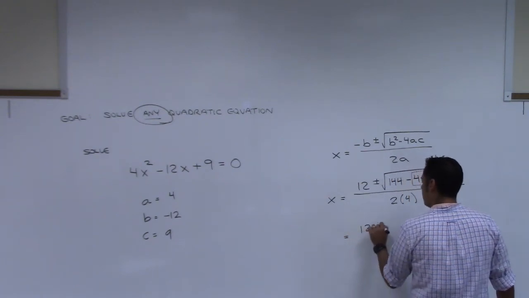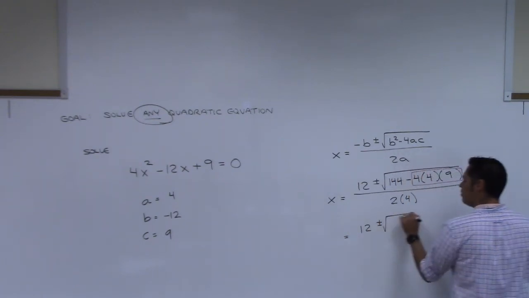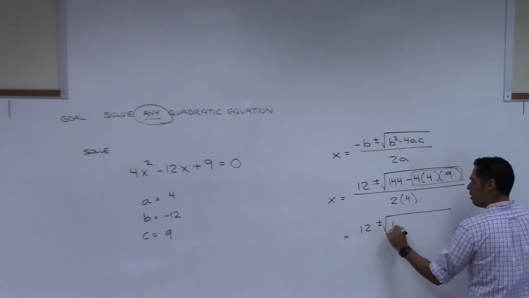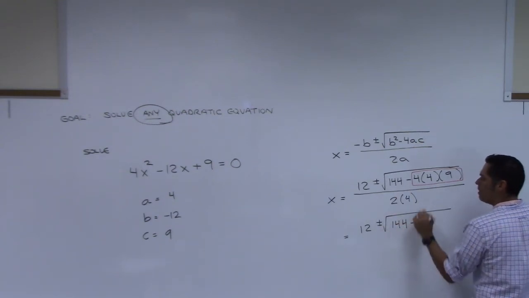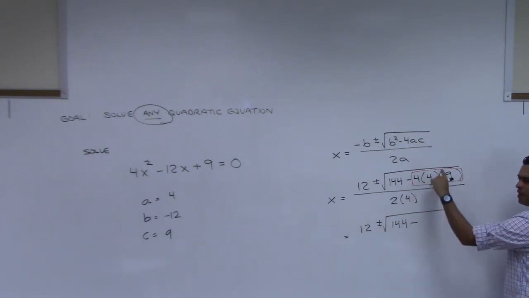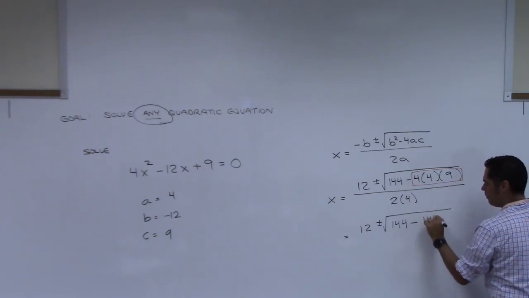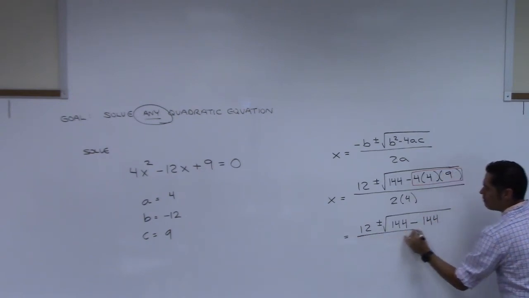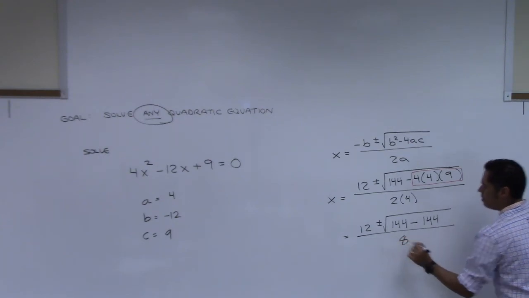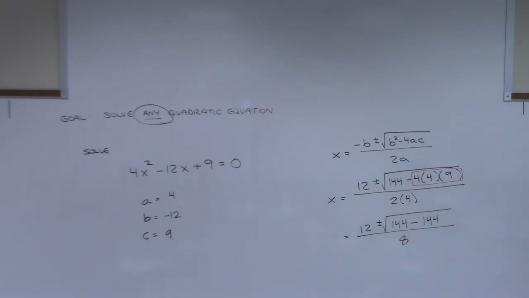You get 12 plus or minus the square root of 144 minus, and then you said those three numbers multiplied is 144. And then all of that over 8. Okay, and so what is 144 minus 144? 0.